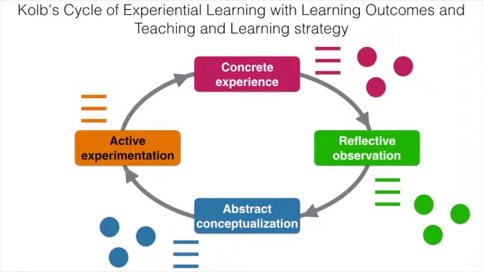And for the active experimentation, you can have group work, group experimentation, role play, serious games, peer-to-peer observation, etc. As a result, we can make the connection between Kolb's experiential learning cycle and the active teaching and learning methods.